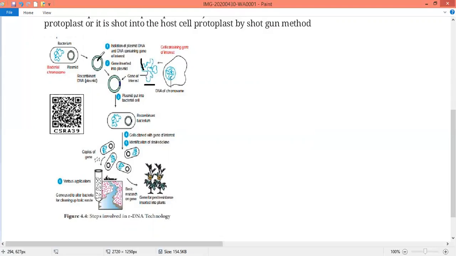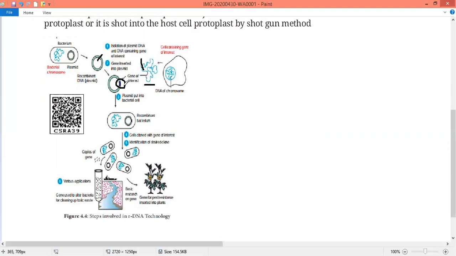You can cut the plasmid at the insertional site, and you can tag this desirable DNA into the plasmid DNA. Then it becomes a single DNA molecule. If you observe here very clearly, this DNA contains our target DNA. So it is formed by the joining of two different DNAs from two different individuals.